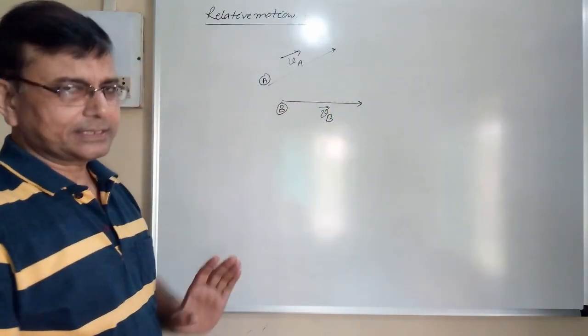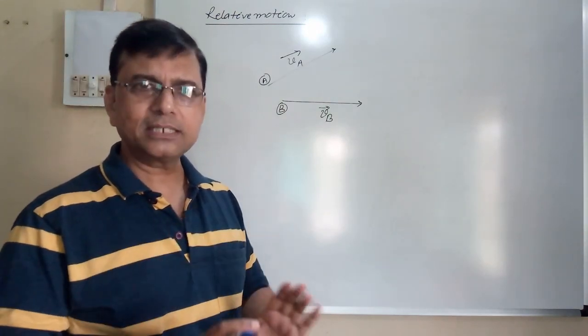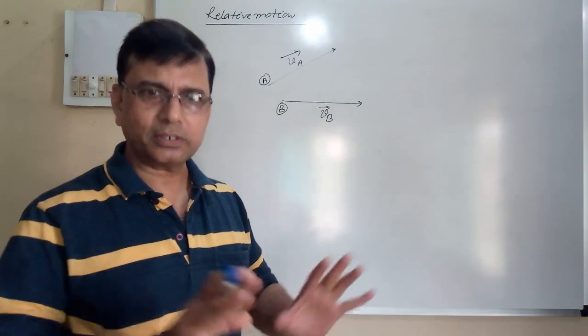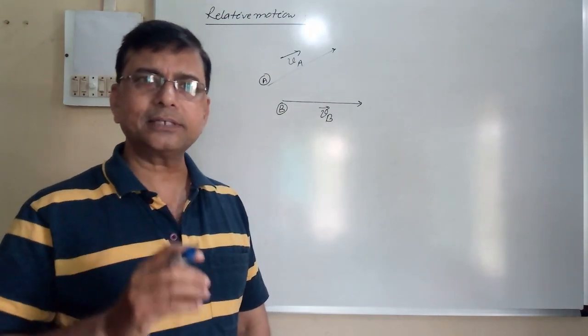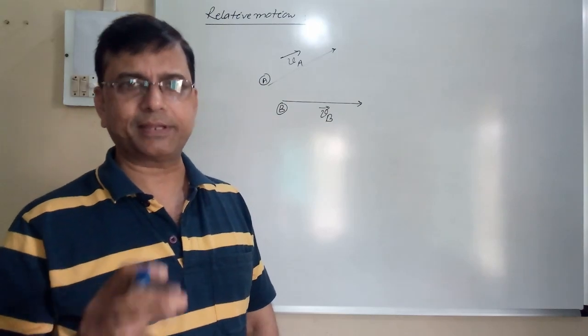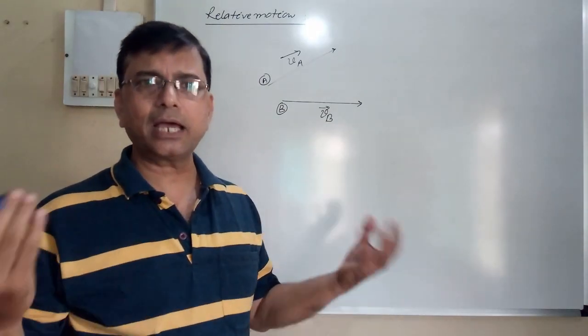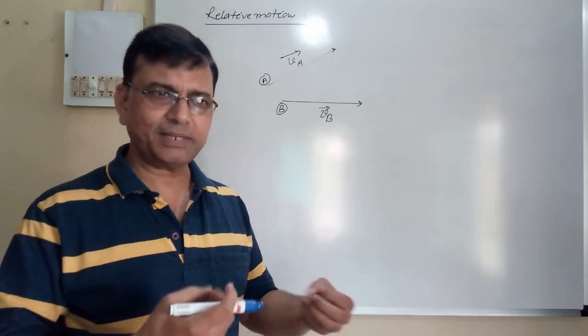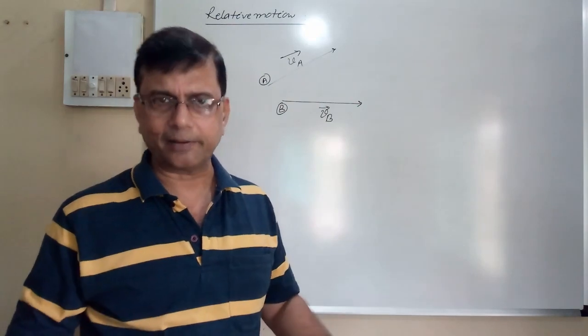These velocities of two objects are measured with respect to ground, meaning earth. Earth is taken as the universal frame of reference, meaning all the velocities, forces, displacements and accelerations we are talking about in general.